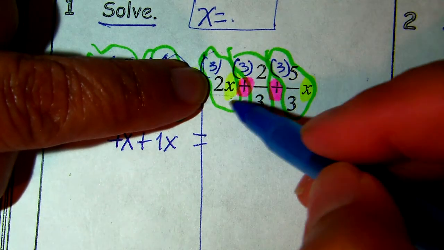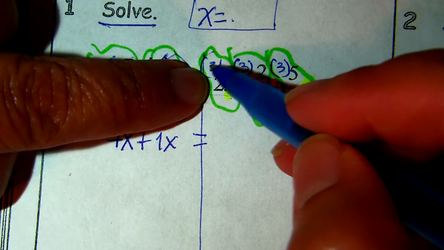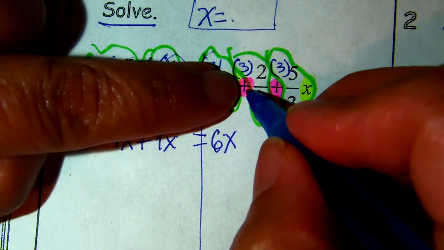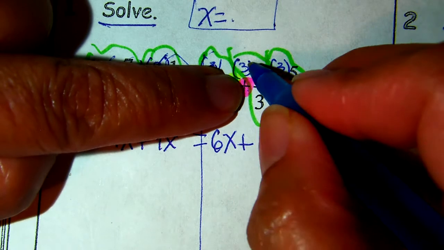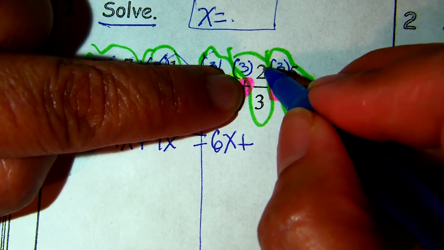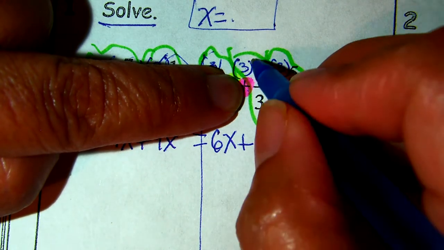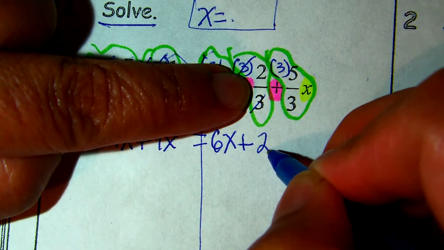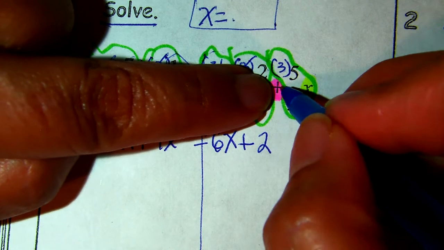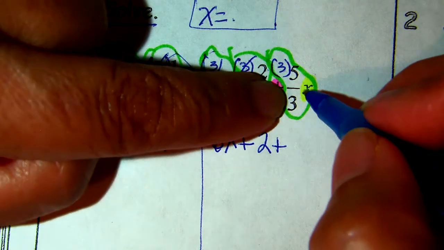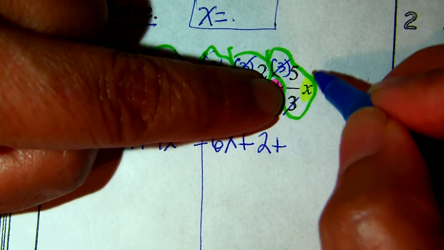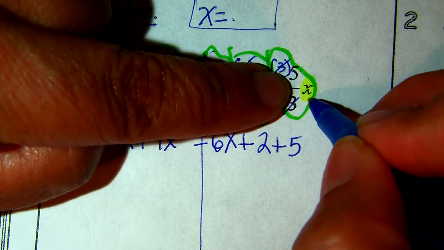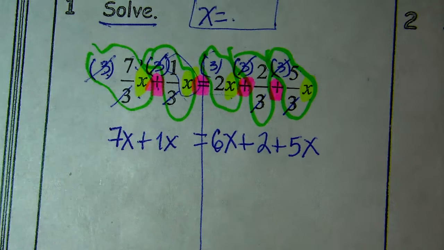Over here, there's no fraction, but you're multiplying by 3. So 3 times 2 is 6x. Plus 3 times 2 divided by 3. Cross out the 3 and you have a 2. There's no x on this one. Plus, 3 crosses out with 3 and you have 5x.